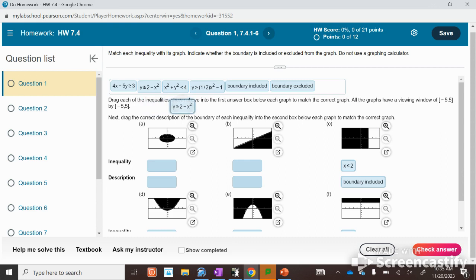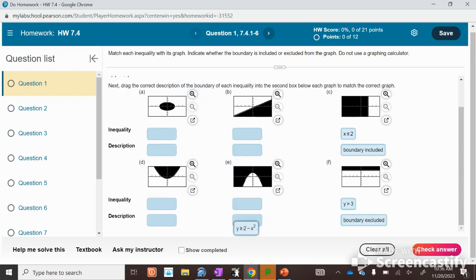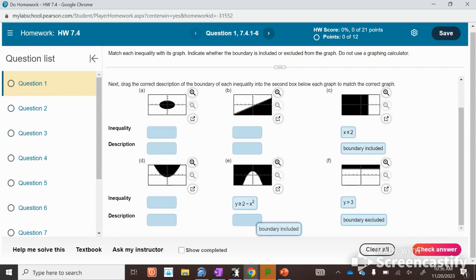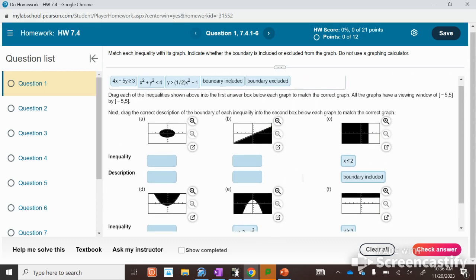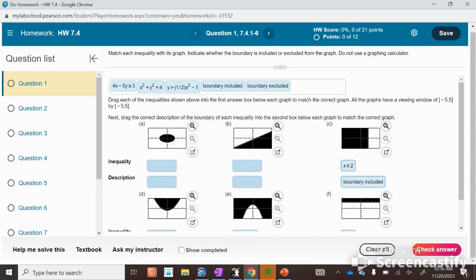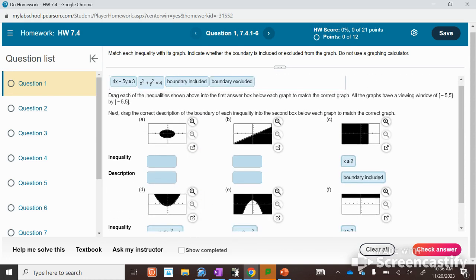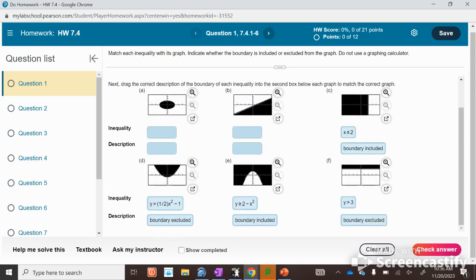And it's a parabola that would open up or down? Down. Since x is negative, it would open down. And since it is equal to, the boundary is included. So our other parabola is this one. And since it's greater than, it would be excluded.